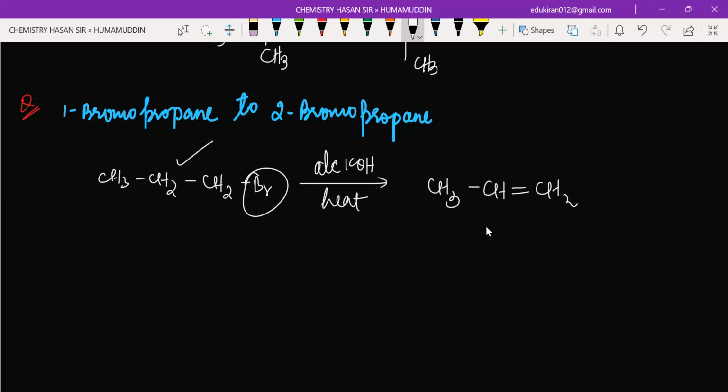And since we need 2-bromopropane, we are going to react this with HBr in the presence of peroxide so that, no, Markovnikov, we are going to follow HBr so that this Br will go to this and we will get this. Is that clear? Yes.